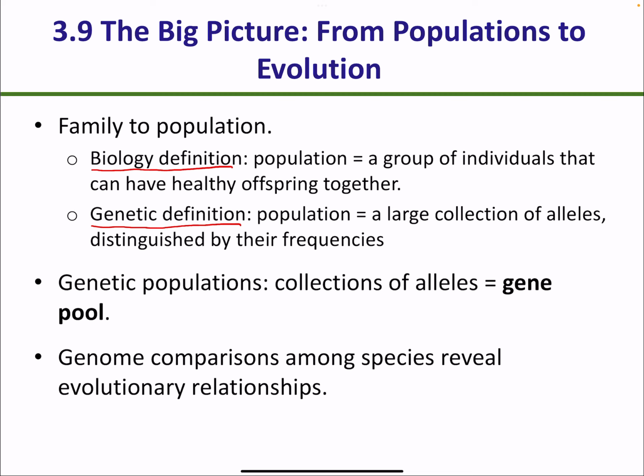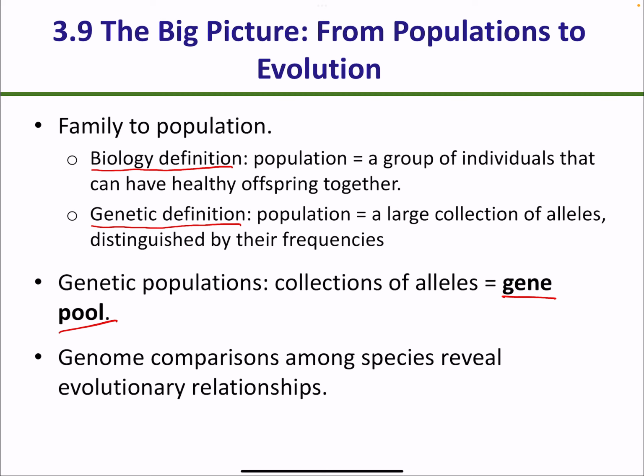And now, when we consider that population at a genetic level, we are going to call the collection of alleles the gene pool. That gene pool is what is characteristic of a given population.